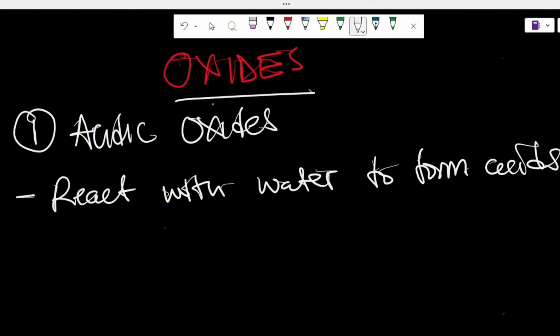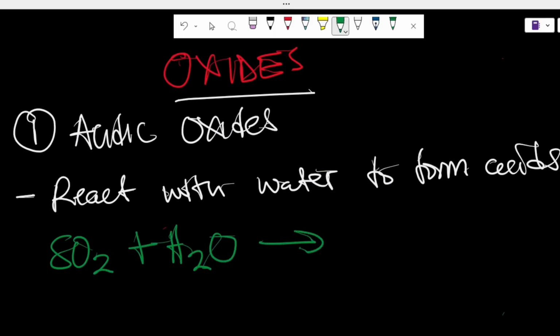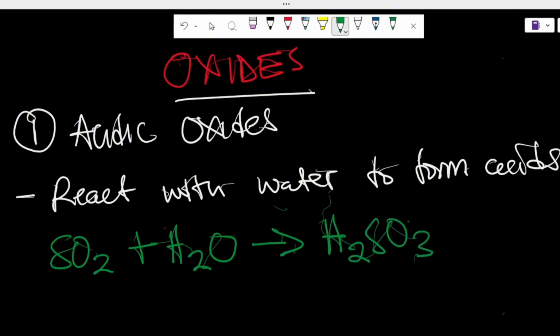So for example, we can say sulfur dioxide can react with water to produce sulfurous acid, which is H2SO3. So this is an acid, though it is a weak acid, but it is indeed an acid.